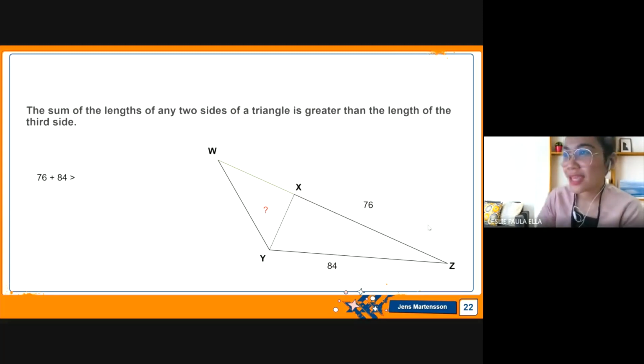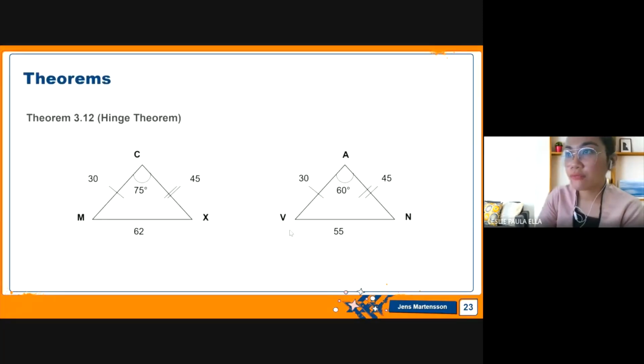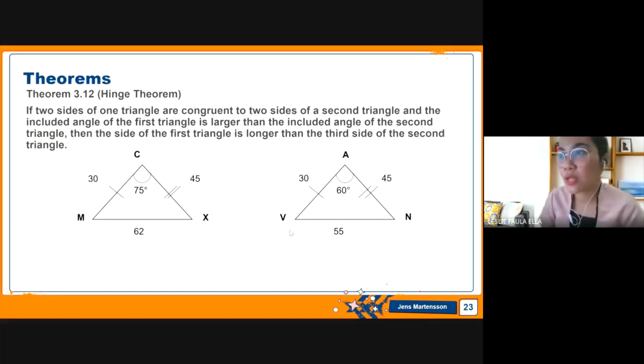Thank you. Okay, next we have theorem 3.12. Theorem 3.12 is the Hinge Theorem. It says here that, for example, we have two triangles, and these two triangles have the same value of the sides.